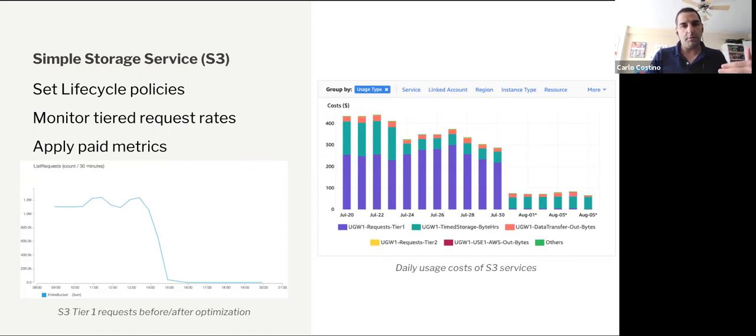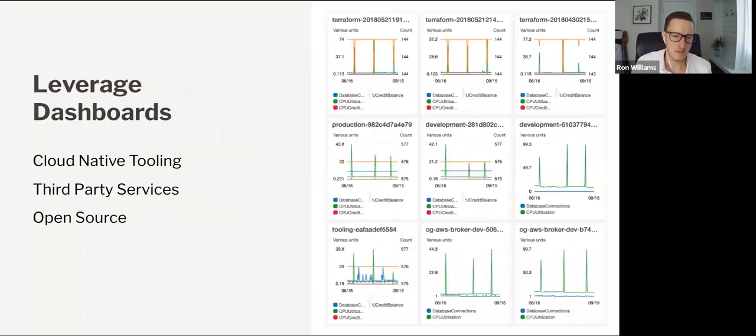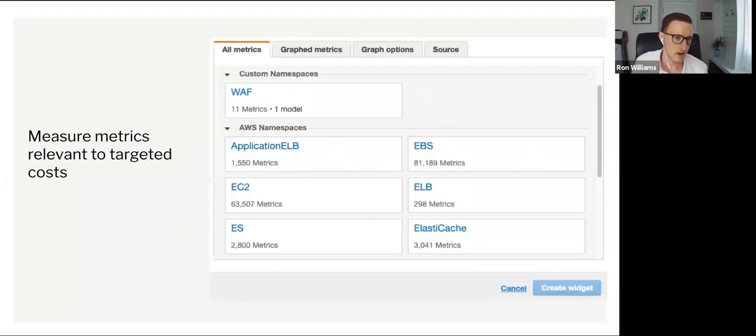What are we seeing? What are the general usage patterns across the board? That's where it really started to become clear that S3 and RDS in particular were areas that we should focus our efforts. Touching a little bit more on that.